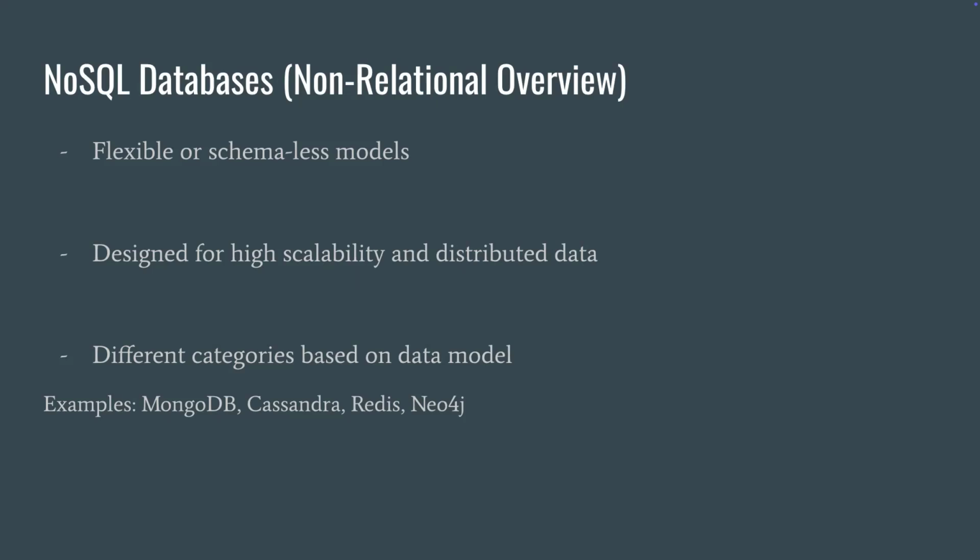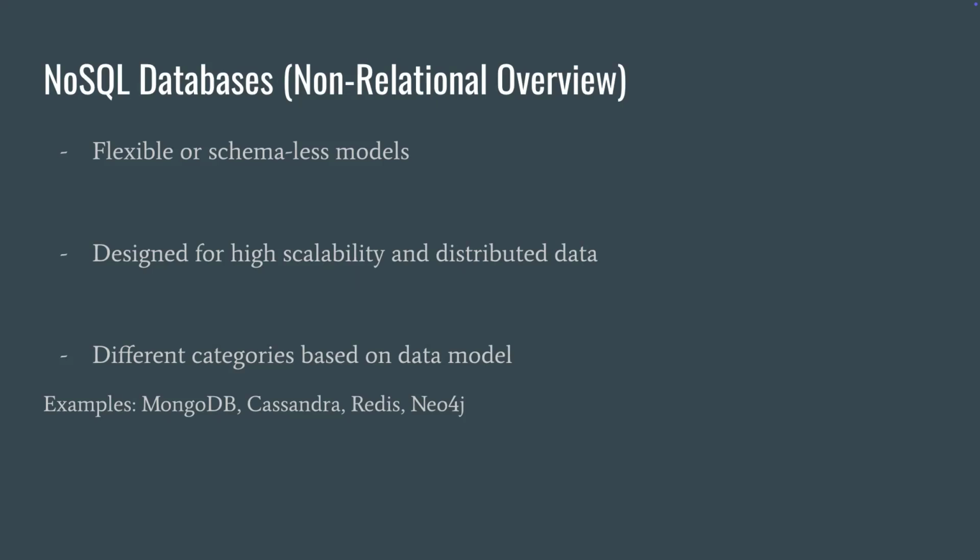Moreover, many NoSQL systems can efficiently scale horizontally by adding more hardware, which is not such an easy thing to do if you have a relational database. So this makes NoSQL systems particularly appealing for applications with large scale or rapidly growing data sets.